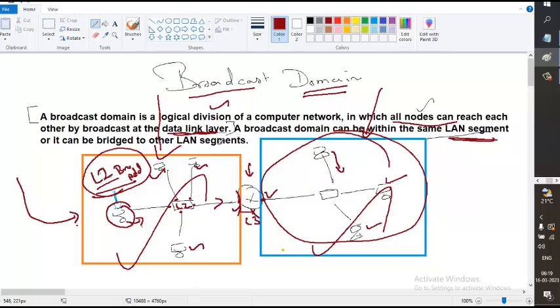Do not worry about this point. Somewhere it can be bridged to another LAN. Don't worry about that. It's talking about a tunnel, a layer 2 tunnel.